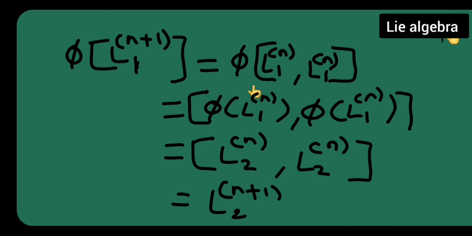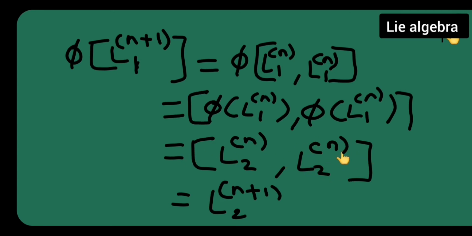Now this is equal to what? Now this phi you have to place inside. So the bracket of phi of L1 to the power n, comma phi of L1 to the power n. Now this is equal to the bracket of L2 to the power n and L2 to the power n.